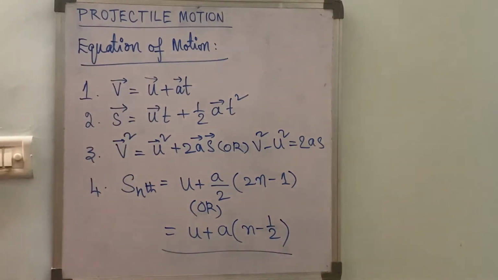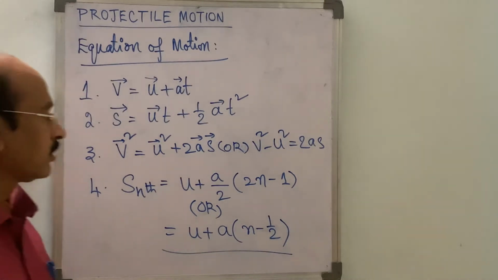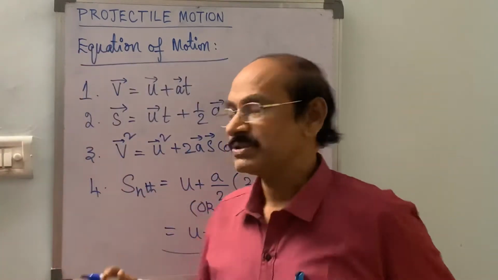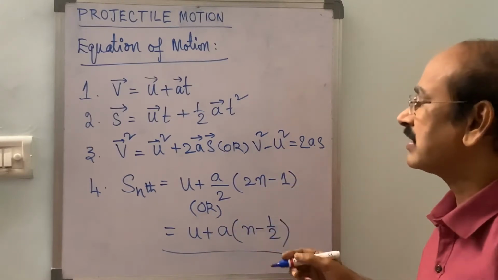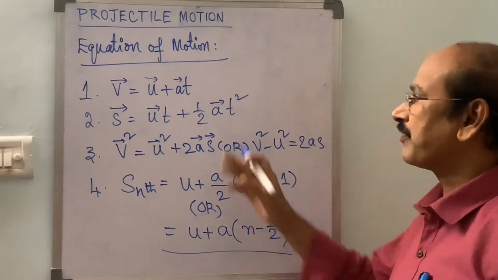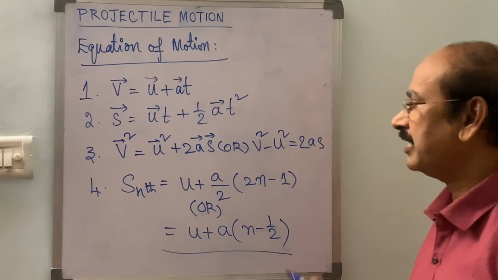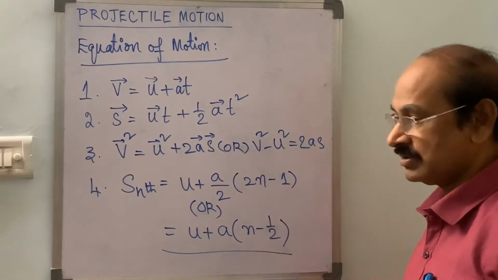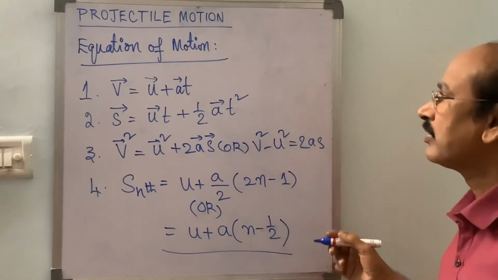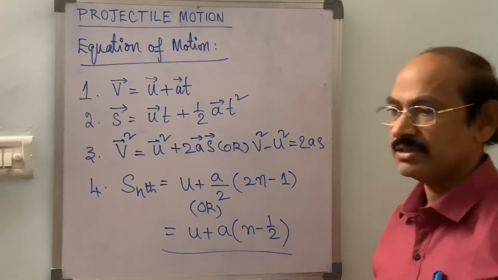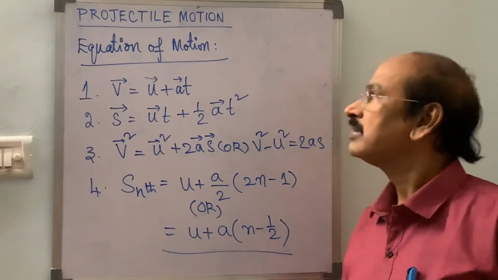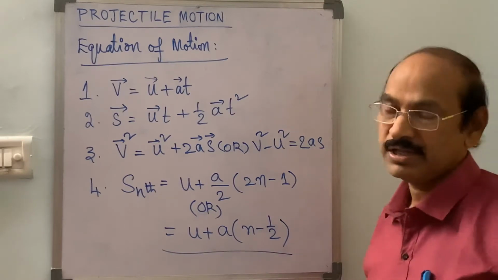So these are known as equations of motion. Generally when the body moves, we apply these equations for finding any unknown quantity when the others are given. Now when the body is moving in air, then it is called a projectile.